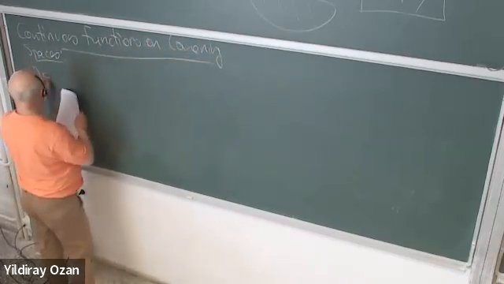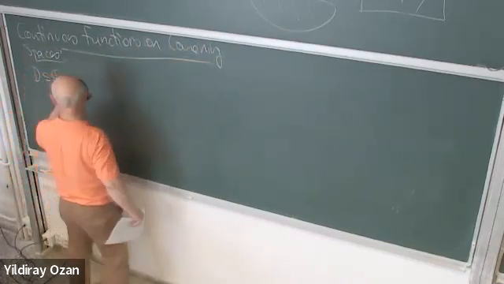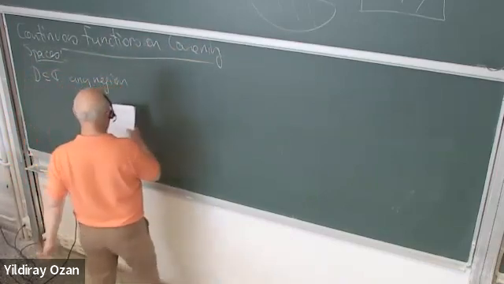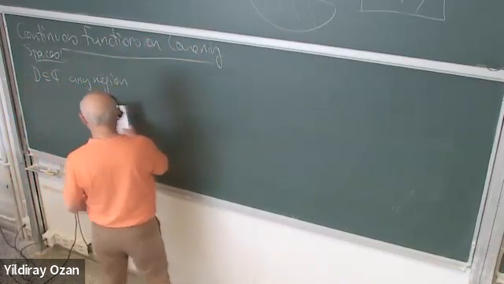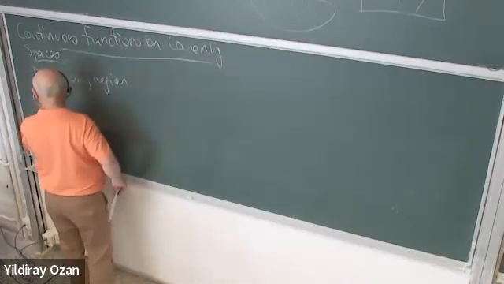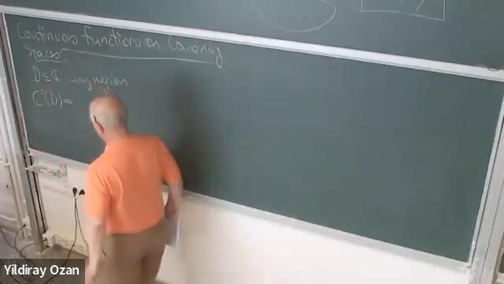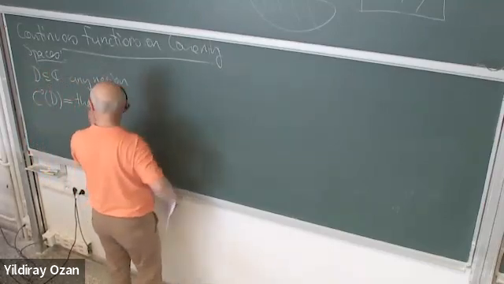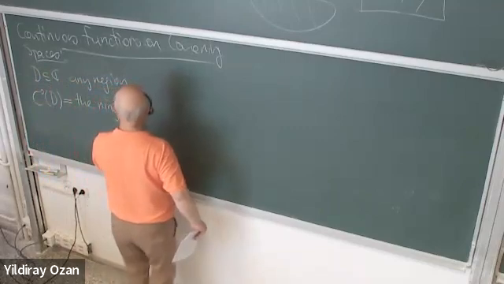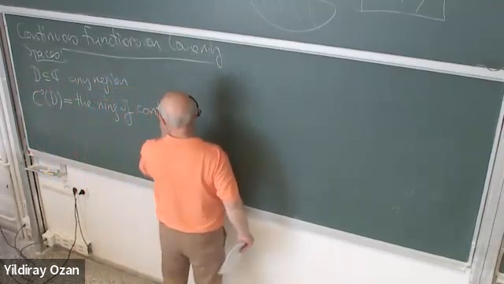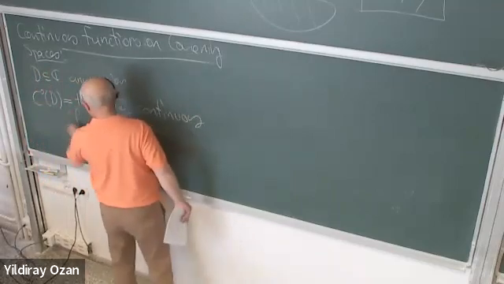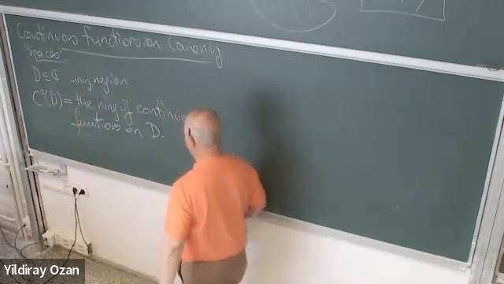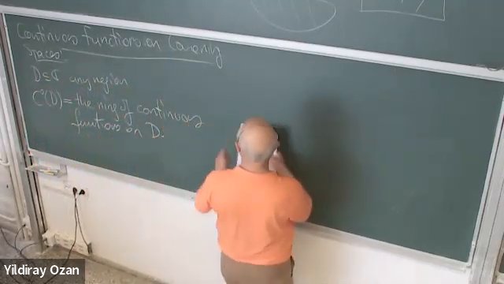So let's take a region in the complex plane, any region. We will denote by C0(D) the ring of continuous functions on D. Okay, continuous functions.